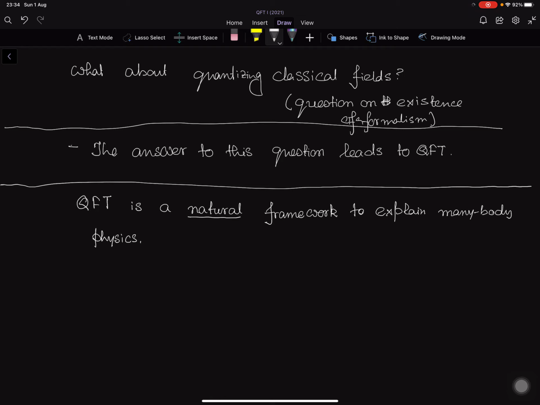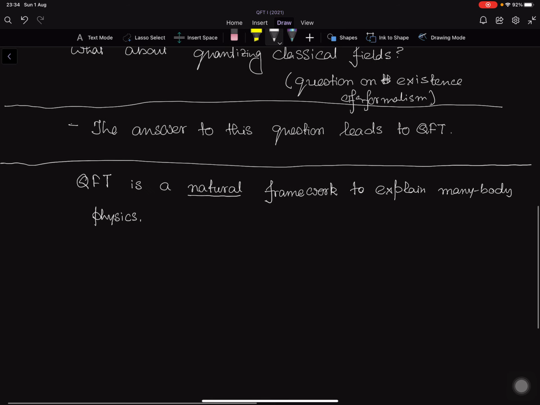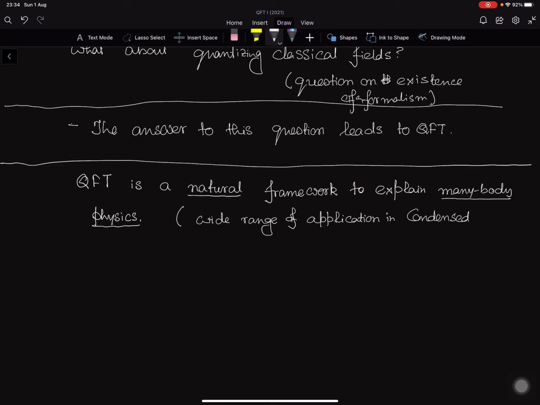This has wide application in condensed matter physics, high energy physics, and many other disciplines.